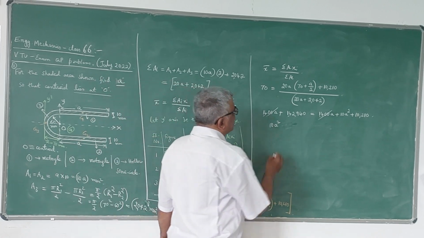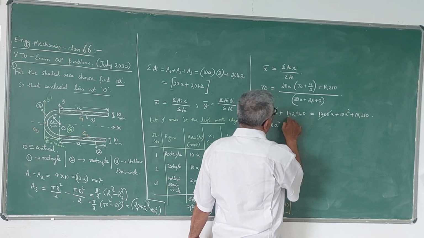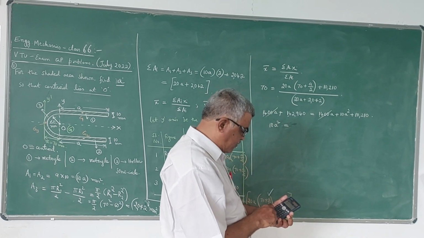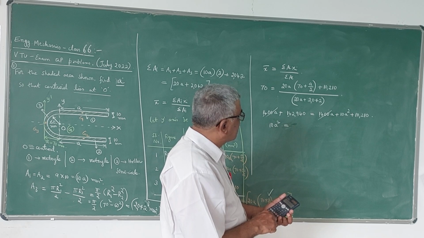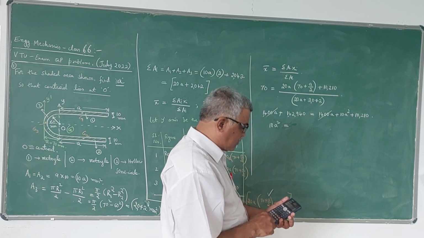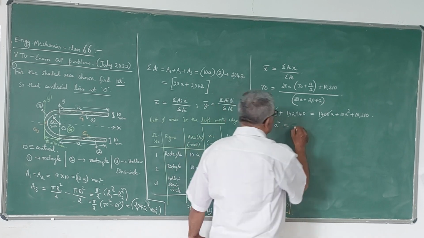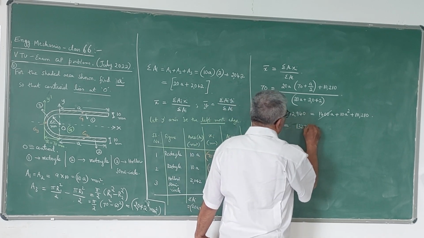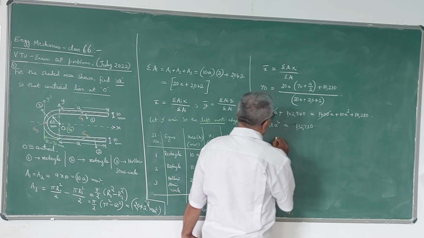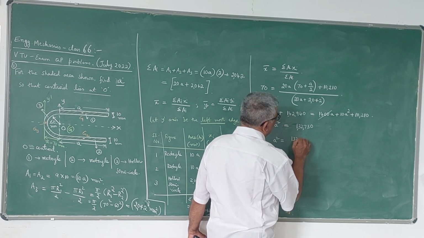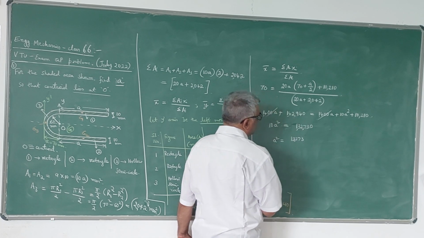So you are left with 10a square equal to 142,940 minus 10,210, so it is 132,730. Therefore a square is this divided by 10, that is 13,273.